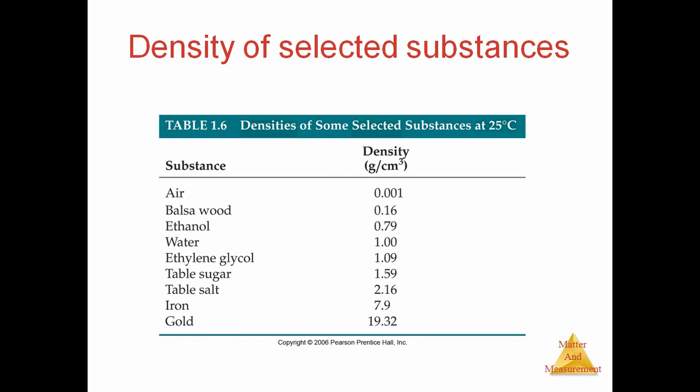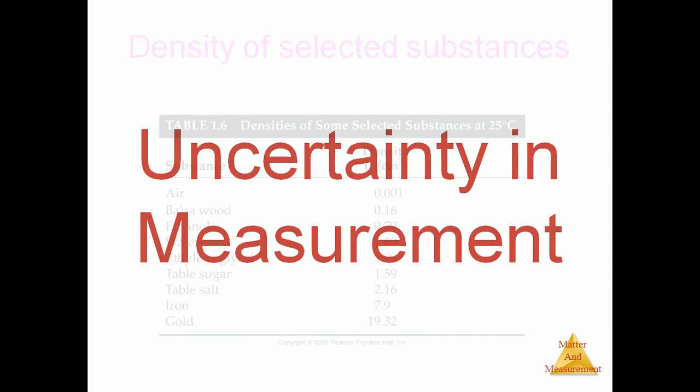For instance, the density of water is 1.0, and certain solid objects such as balsa wood, which has a density of 0.16, would actually float in water. Whereas solid objects that have a greater density, such as table salt, iron, or even gold, which has a density of 19.32, will tend to sink into the water.